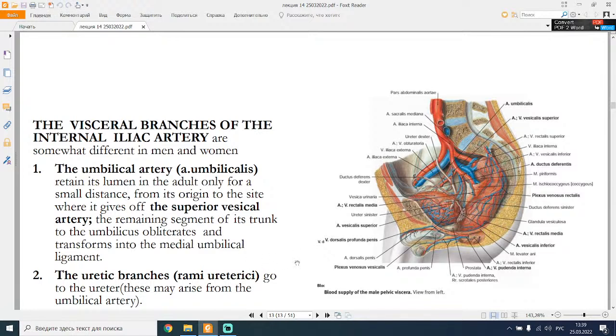The remaining segment of the trunk of the arteria umbilicalis obliterates and transforms into the medial umbilical ligament.